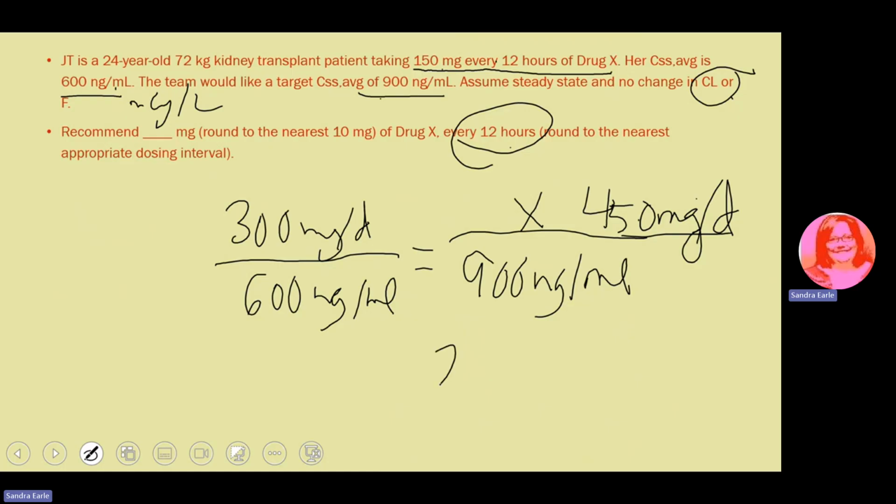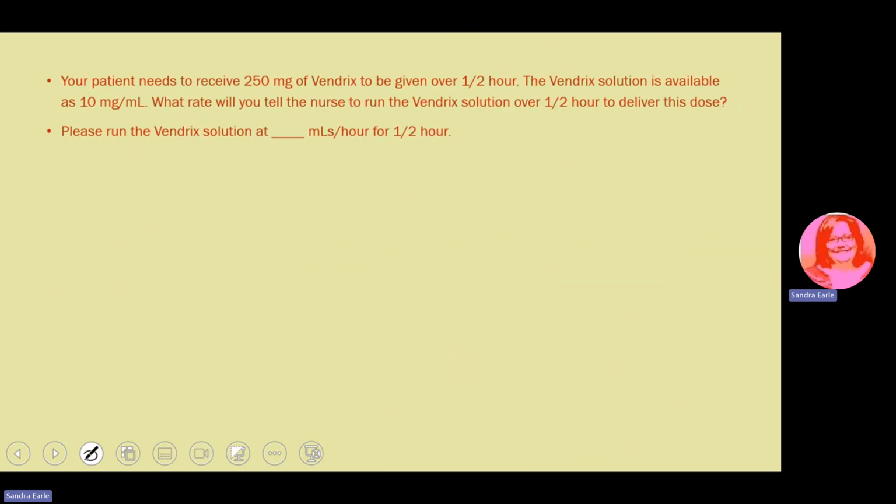And so it would be 225 milligrams Q12. And we're going to round to our nearest 10. So this is going to be 230, isn't it? 230.